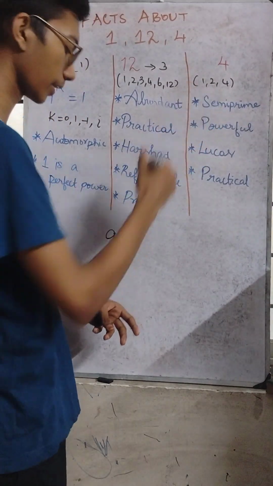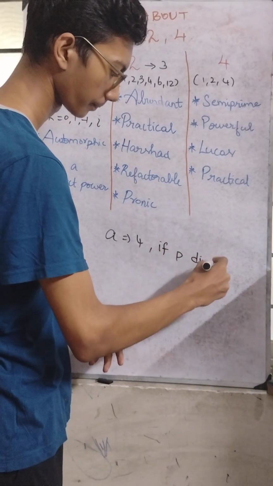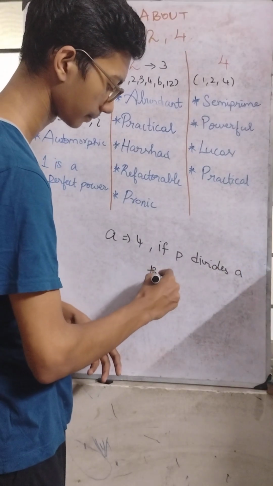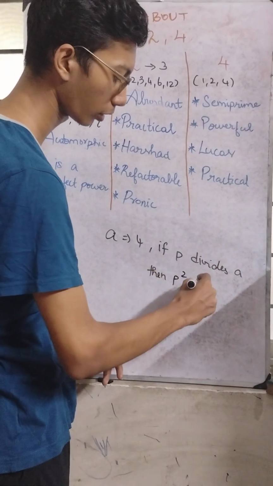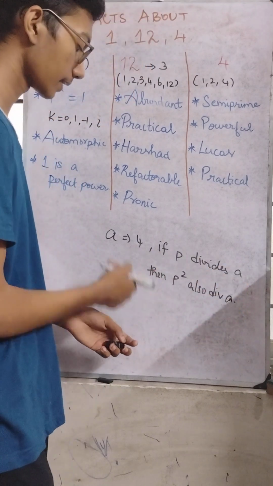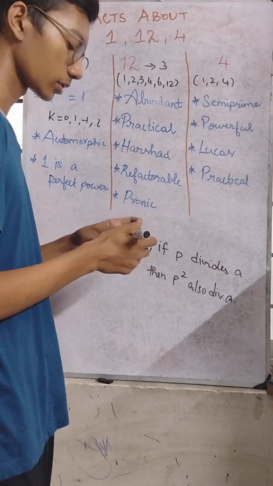A is the number we have here, 4. If P divides A, then P square also divides A. If that is the case, then this A is a powerful number.